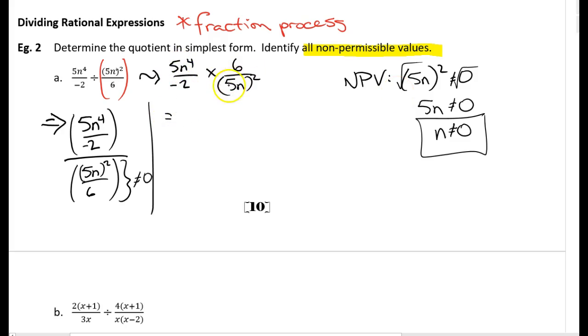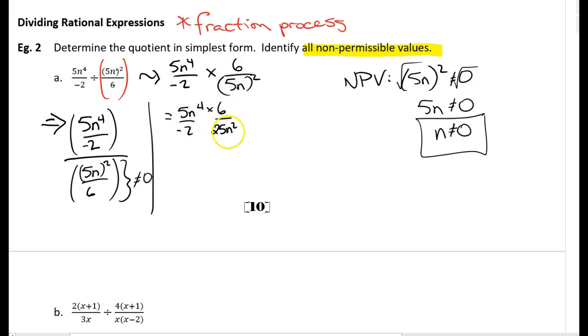From here, I'm going to expand this because I want to get rid of all my brackets, just like my order of operations tells me to. And then I've got -2, and now this is going to be over 25 over n squared. Remember, if it's in brackets, that square applies to everything in there.